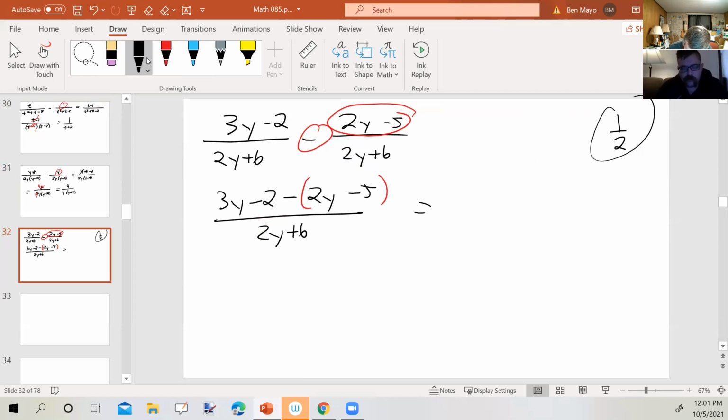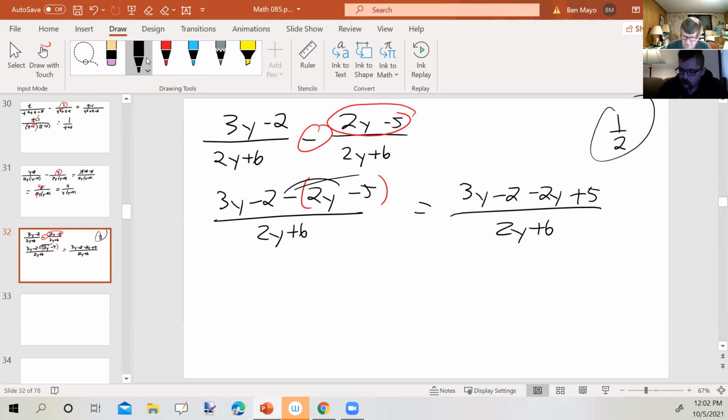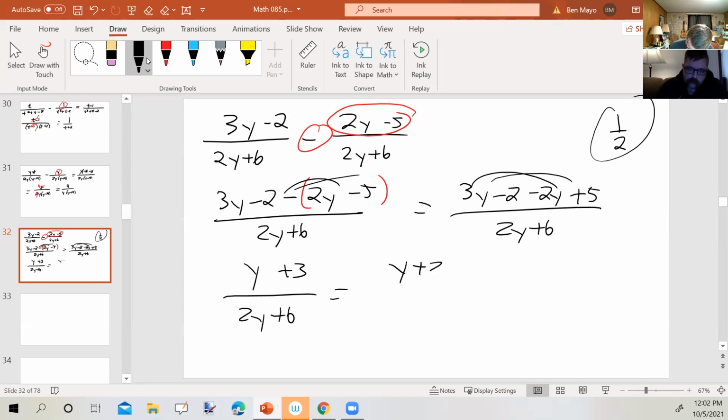We're going to have 3y minus 2 minus 2y plus 5 over 2y plus 6. Okay with that? So combining like terms, I'm going to get y plus 3 over 2y plus 6, which is y plus 3 over 2 times y plus 3, which is 1/2 because the y plus 3 is reduced out.